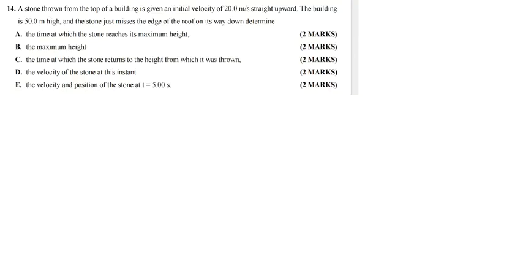Now, let's go ahead and also talk about this interesting question, which is question 14. As usual, we first have to come up with a free body diagram. Like I said, let's first read the question.